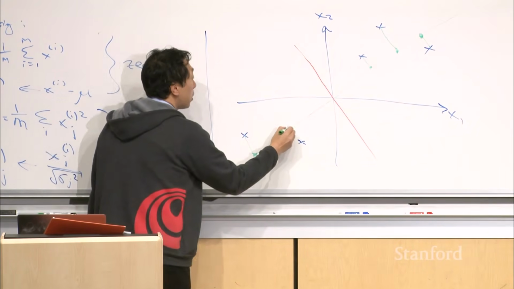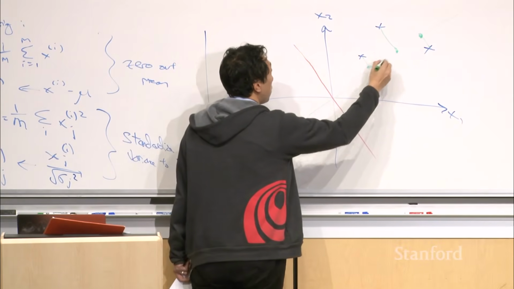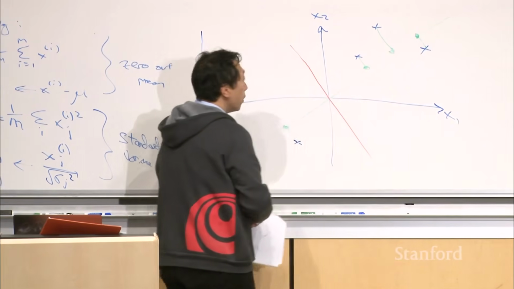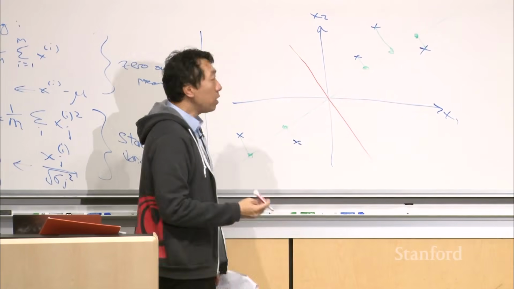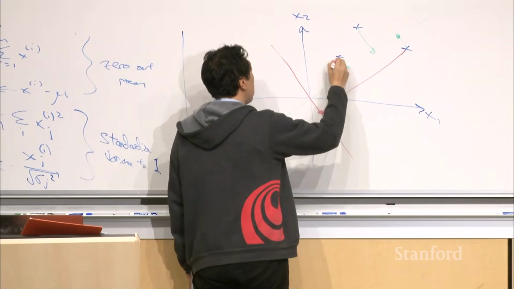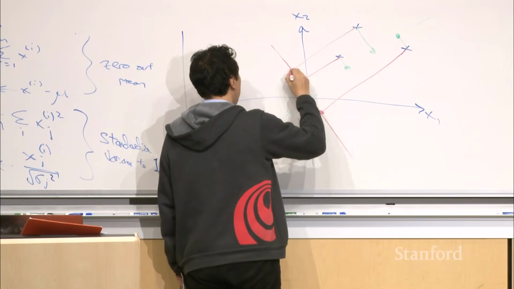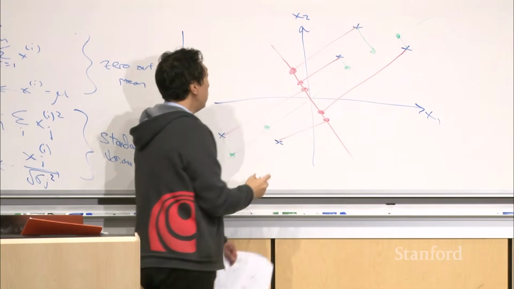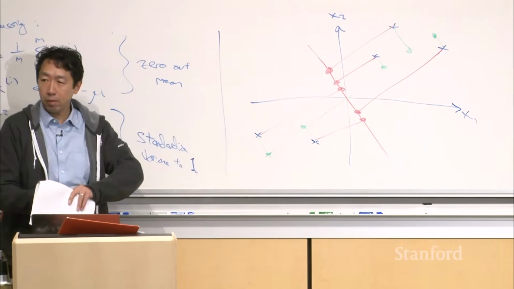So the sum of square distances between the blue crosses and the green dots is quite small. In contrast, if you project this onto any other line, such as the red line, then the sum of square distances between the blue crosses and the red dots is really large.